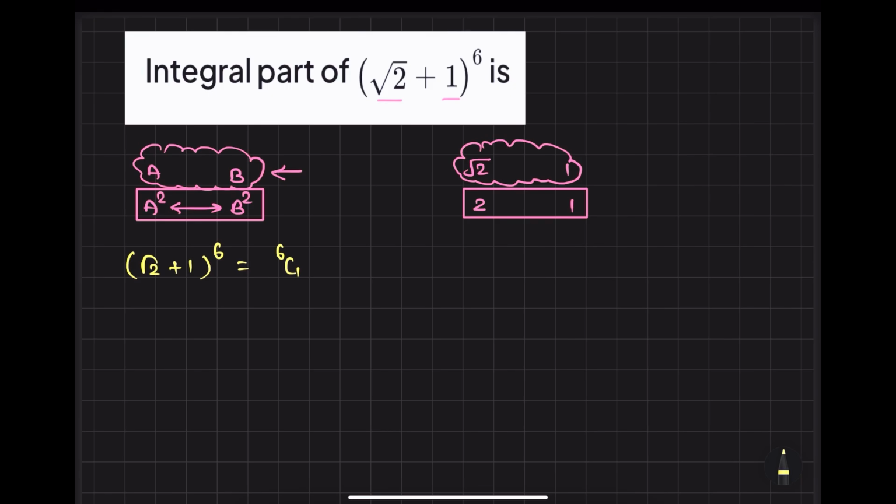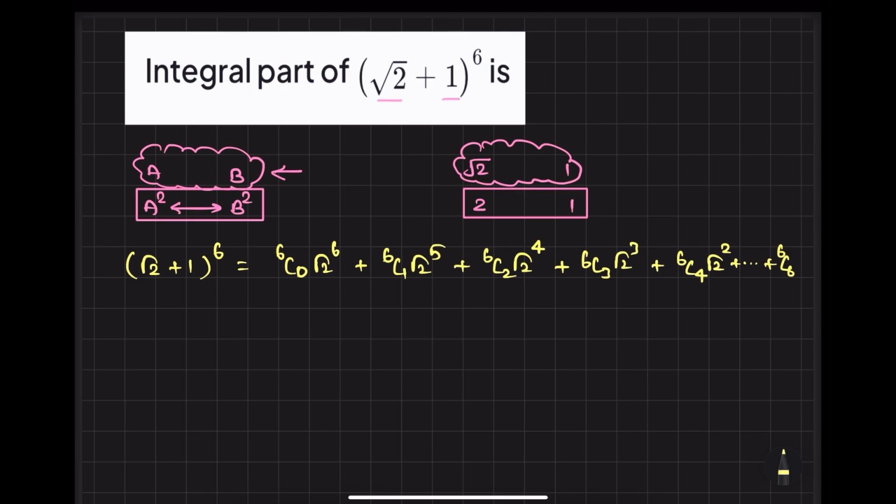So 6C0 root 2 power 6 plus 6C1 root 2 power 5 times 1 power 1, plus 6C2 root 2 power 4, plus 6C3 root 2 power 3, plus 6C4 root 2 power 2, dot dot dot, plus 6C6 and then root 2 power 0.